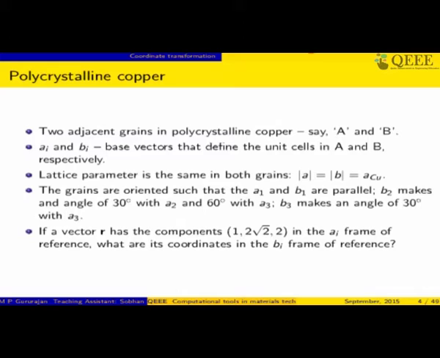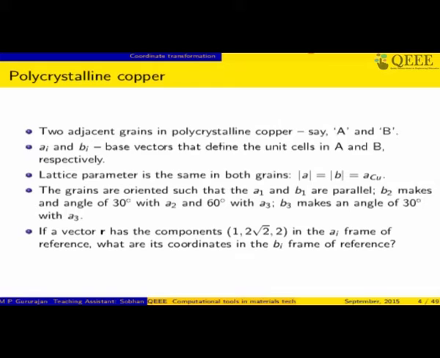If one is aligned with, say, its 100 direction along the x-axis of the laboratory frame of reference, the other might be aligned with, say, its 1, 2, 3 direction along the x-axis, or both might have some arbitrary HKL or UVW aligned with the x-axis of the external frame of reference. But the lattice parameter is not going to change because it is the crystals of the same material. Only their geometry, their three-dimensional orientation, is different.